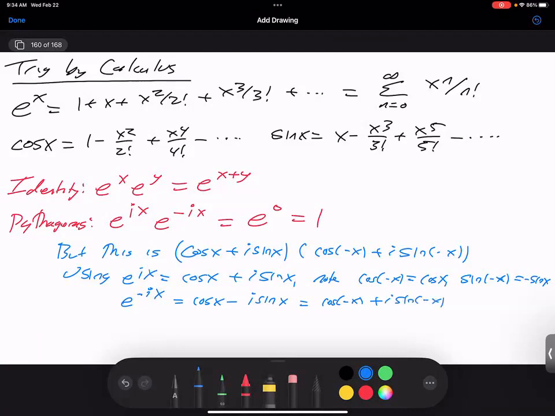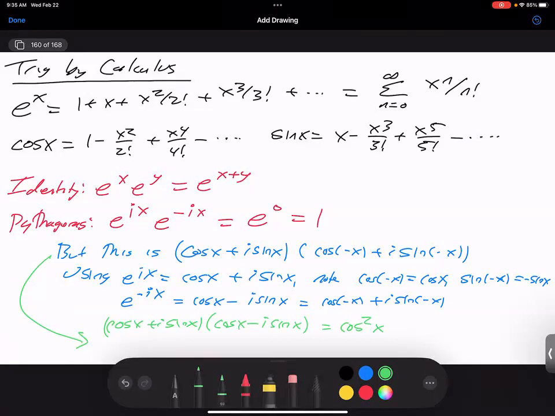All right, well, why is this useful? Well, if I take what I have over here and I multiply things out, let me do it more slowly. So I will have cosine x plus i sine x times cosine x minus i sine x. So cosine times cosine is cosine squared of x. I sine x cosine of x minus i sine x cosine of x.